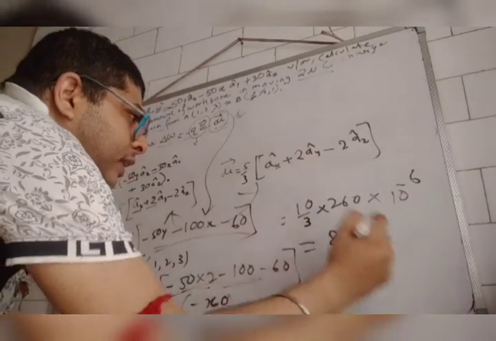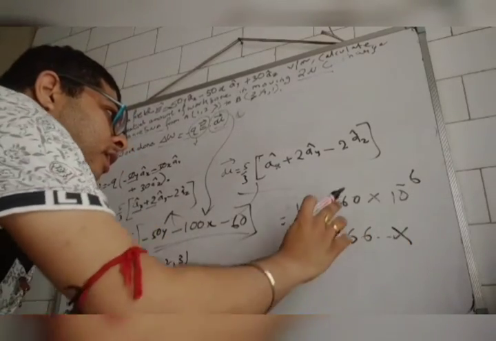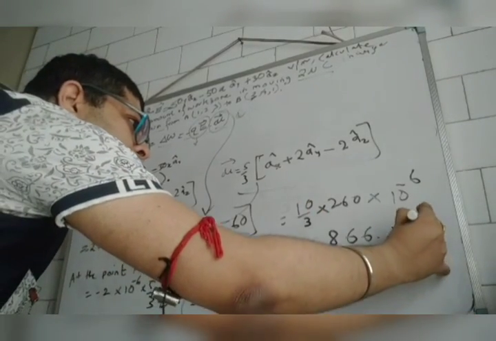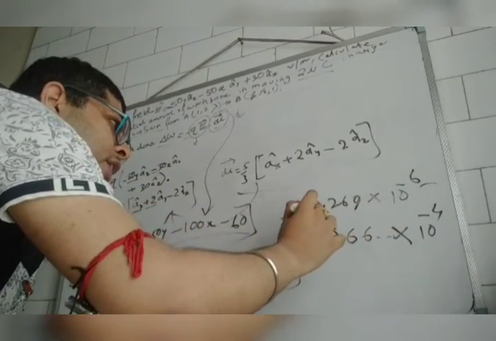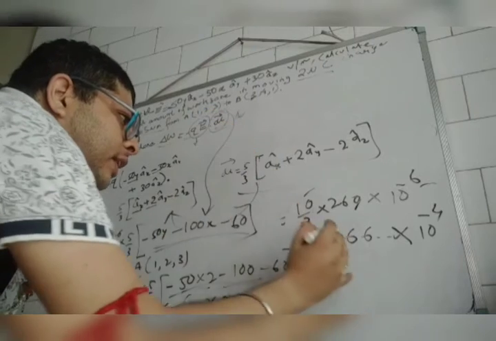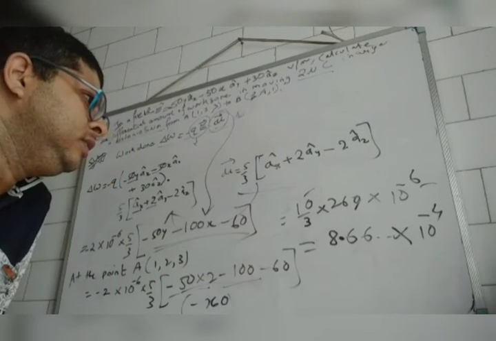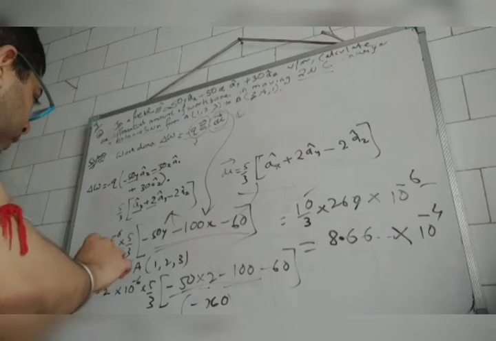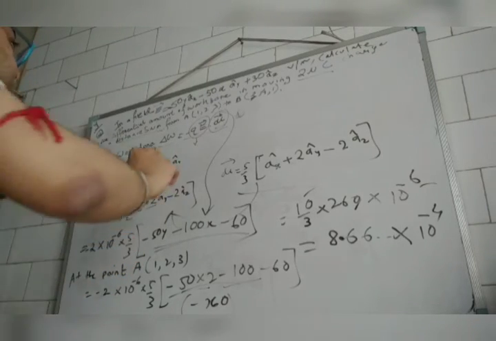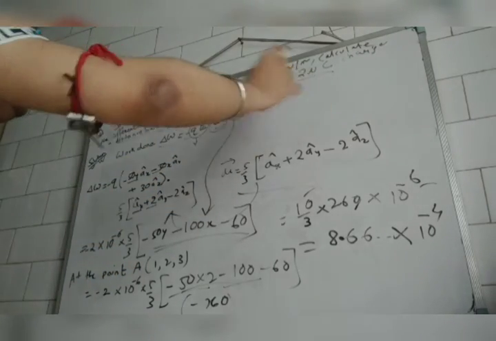This will go like this, and we will be having 10 to the power minus 4, 10 to the power minus 6, and here we have 0, here we have 0. And this will be 8.6. Okay, so you can write from here basically, and one thing I have missed here, we have 5 micrometer and 2 micrometer.